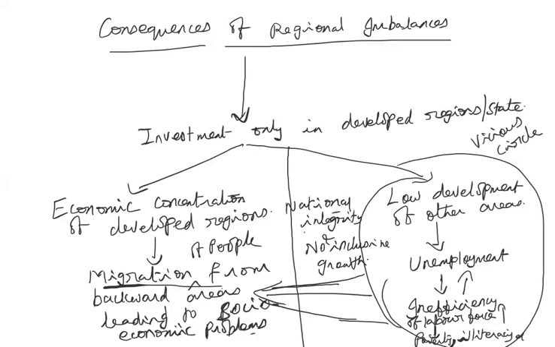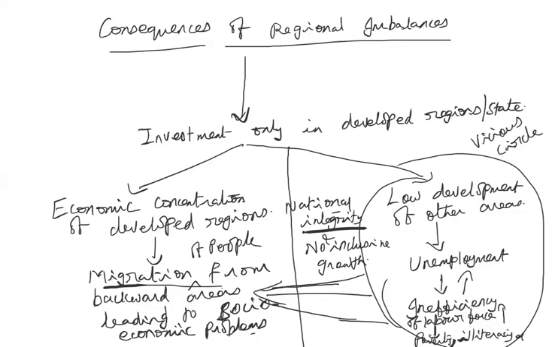It creates unrest, jealousy, and crime rates. Why is that person developing more than me? Why is that region developing more than my region? Isn't it? That kind of feeling will arise. That leads to crime rate. So the national integrity is affected. So these are some of the consequences of regional imbalances.